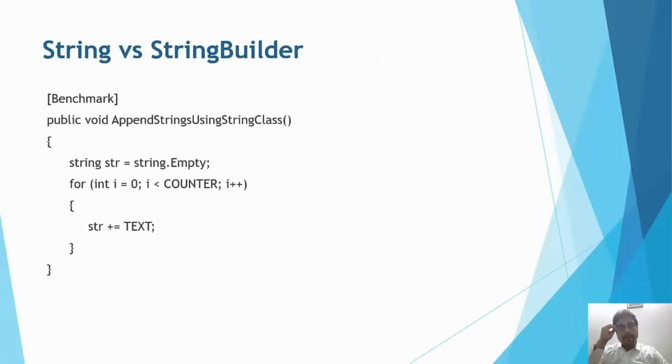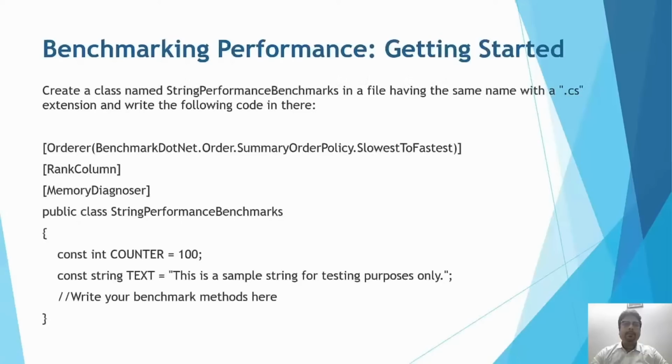We come to our first benchmark method, called append strings using the string class. As you can see, we are creating a string object and assigning it string.Empty, so it is an empty string. Then we use the counter to iterate, and within the for loop we are adding the text that we created in the class scope in the previous slide.